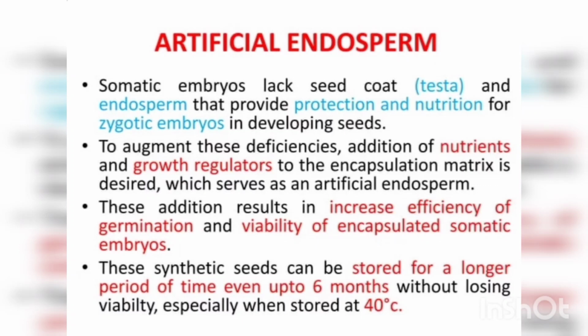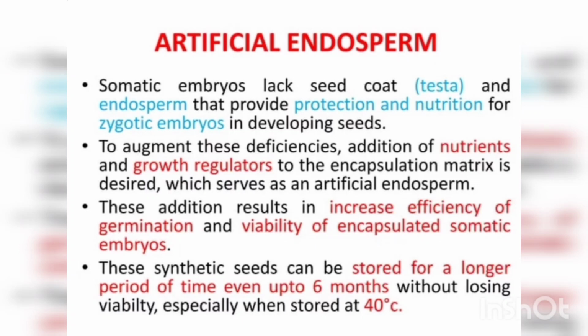Now let's see how artificial endosperm is provided. Somatic embryos, we know, lack the seed coat or testa, and also the endosperm, and therefore they should be provided with artificial endosperm for protection and nutrition of the embryos. In order to augment these deficiencies, nutrients and growth regulators are added to the encapsulation medium.